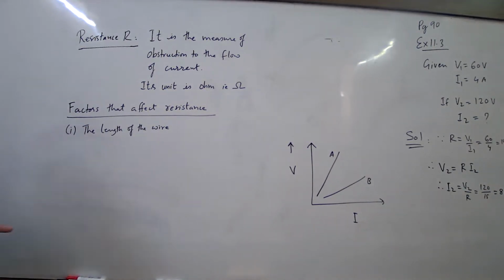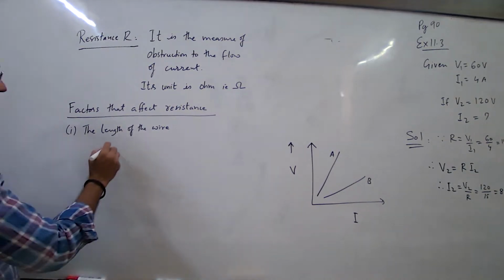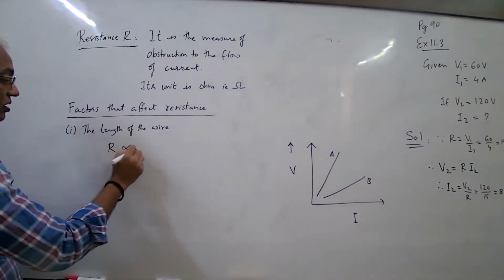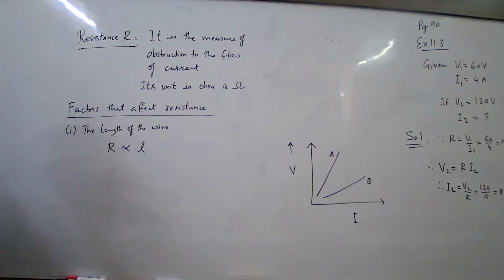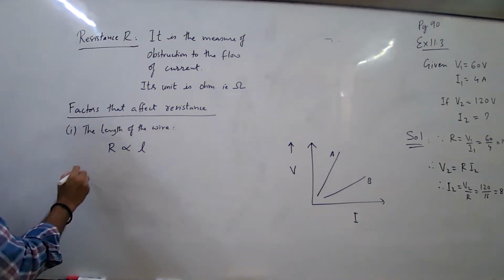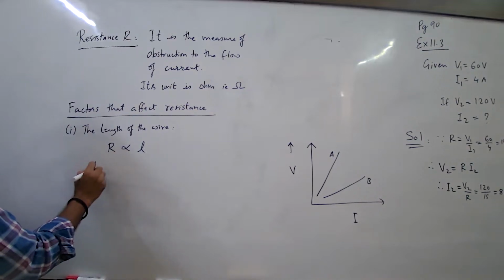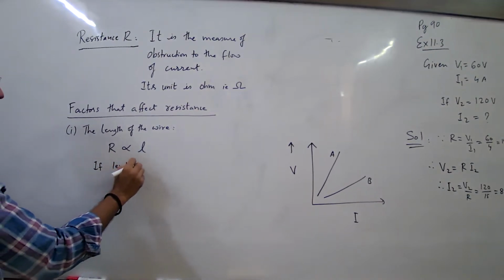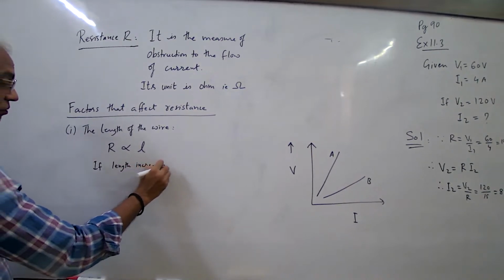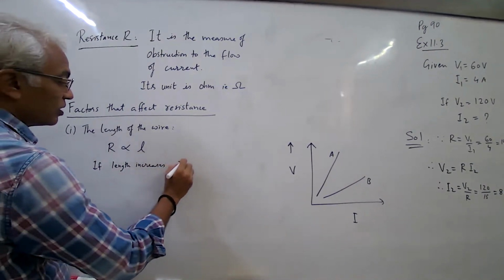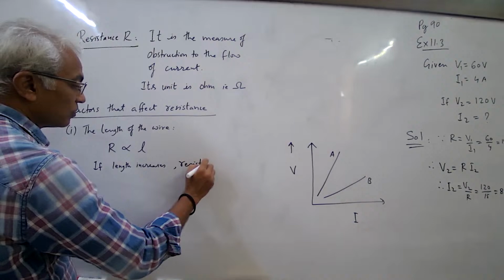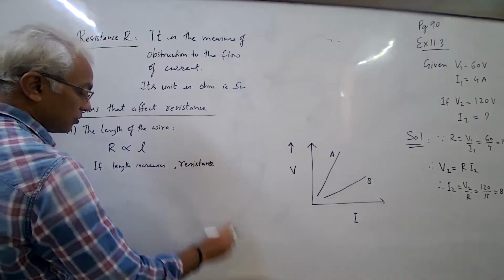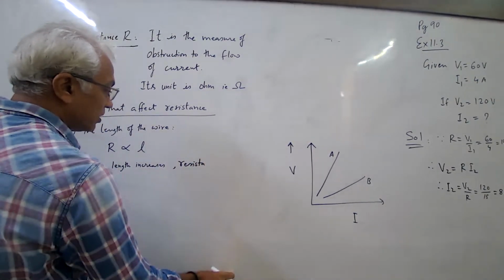If the length is increased, resistance also increases. So R is directly proportional to L. If length increases, resistance of the conductor also increases.